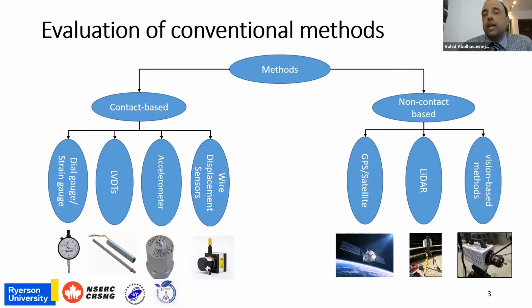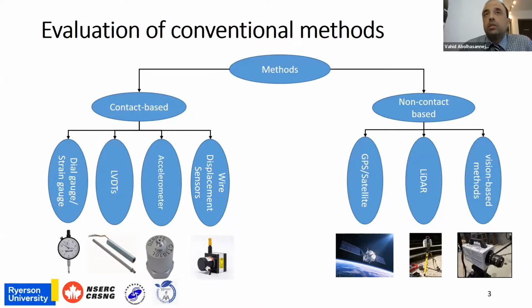Generally, the non-contact-based methods, because they monitor the infrastructure's deformation remotely, are superior compared with the contact-based methods. Among the non-contact-based methods, GPS has less accuracy compared with the others.